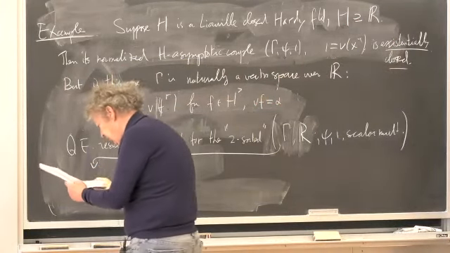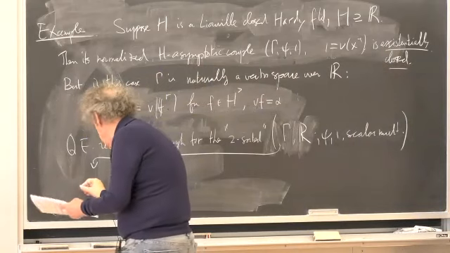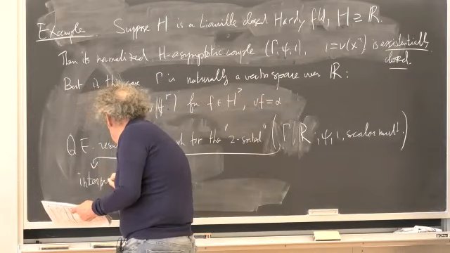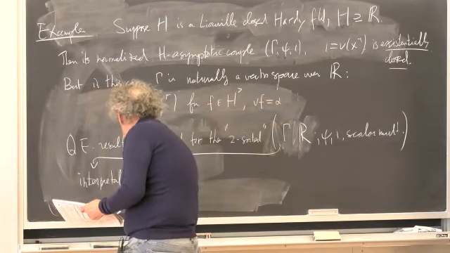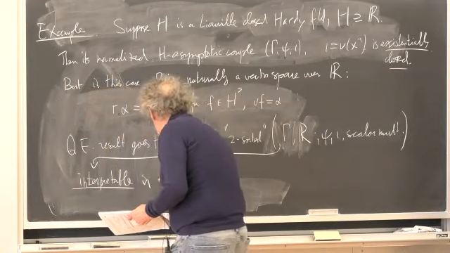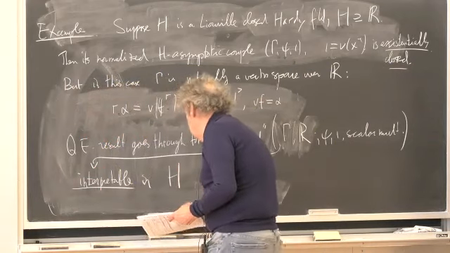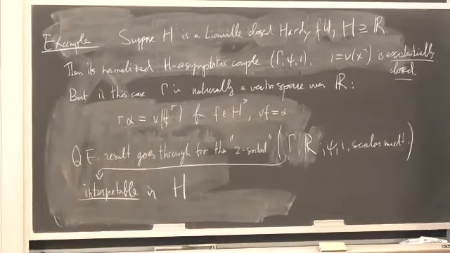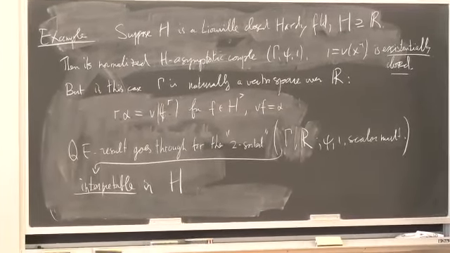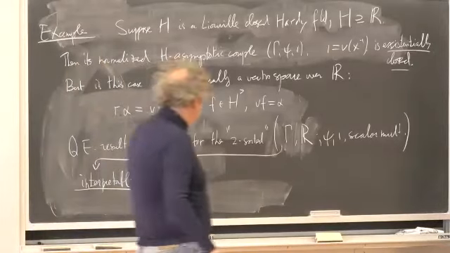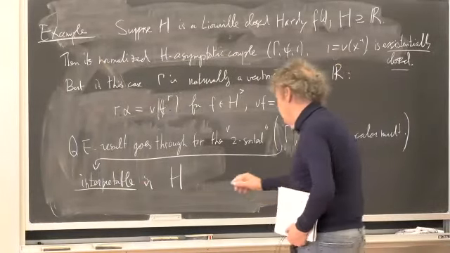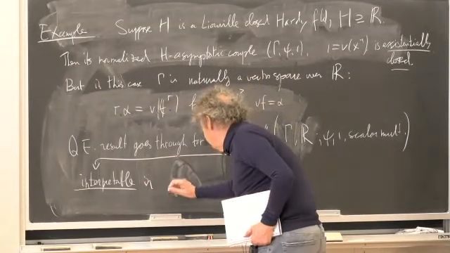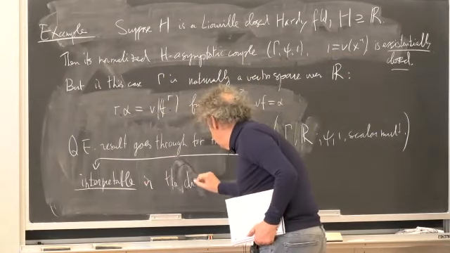Yes. For those who know the term, it's interpretable in H. You can think of this as living somehow naturally in H. You can completely reconstruct it from H as a differential field.